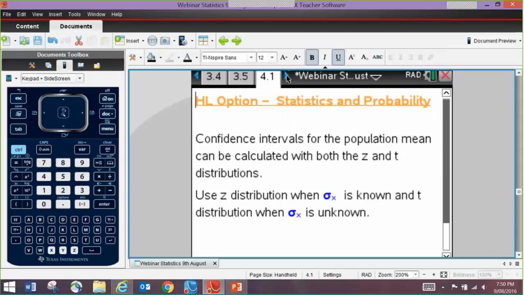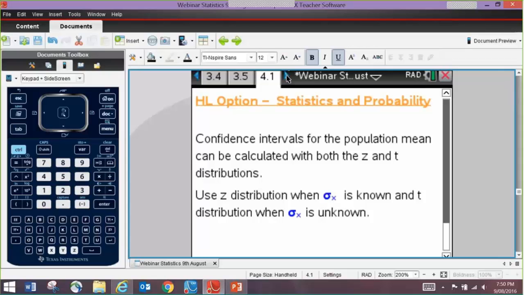All right, so what I'd like to do now is go through just a few of the menus that are useful for the statistics and probability option. The first part being the confidence interval. Well, there are two confidence intervals.